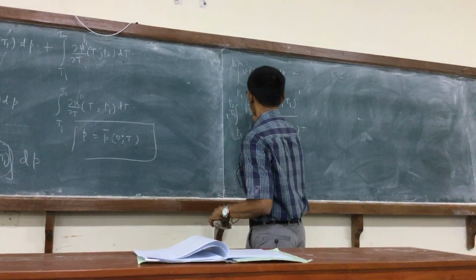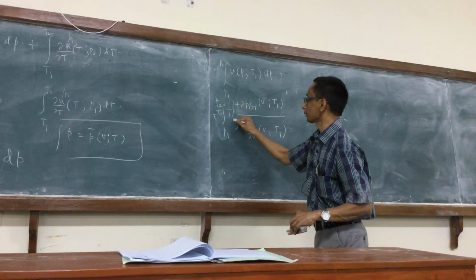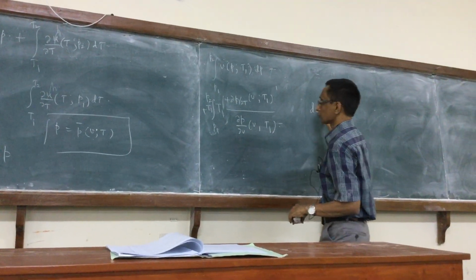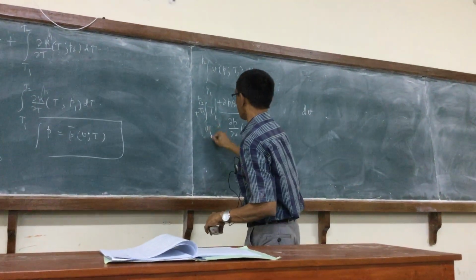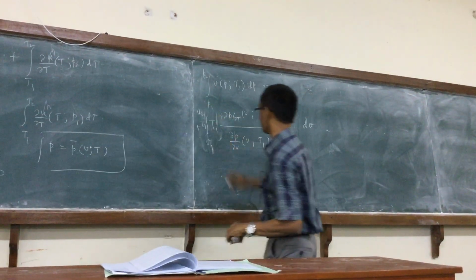So the minus will cancel with the minus. So I have this, and then I have dp. So I make it p1 and p2.